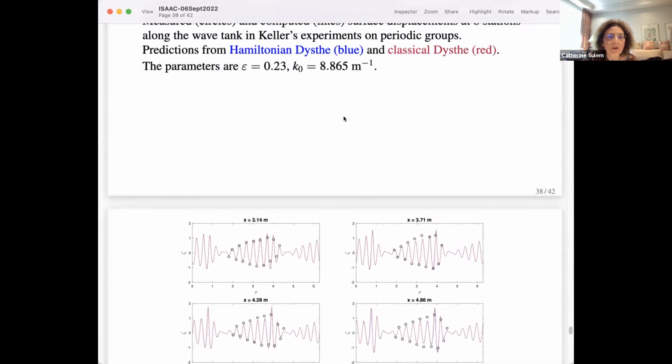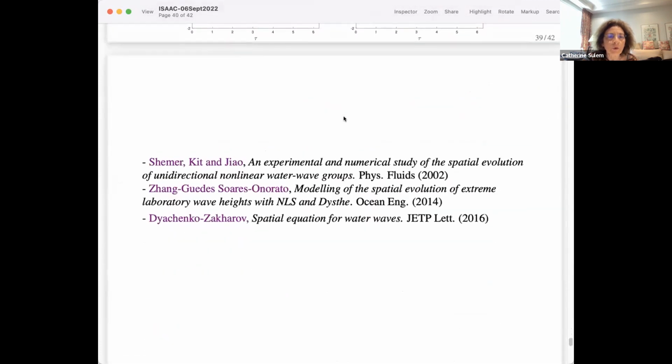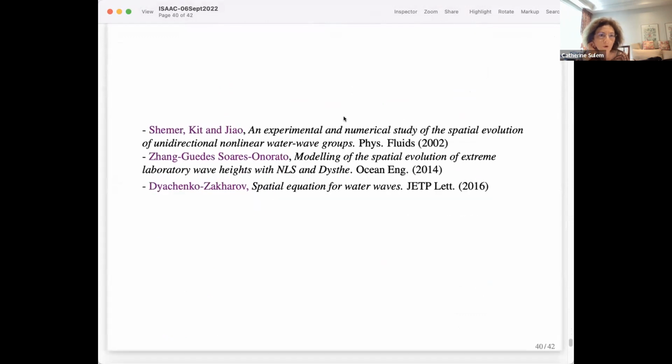Previously I did not talk about that, but we have some work on the derivation of the Hamiltonian Dysthe.